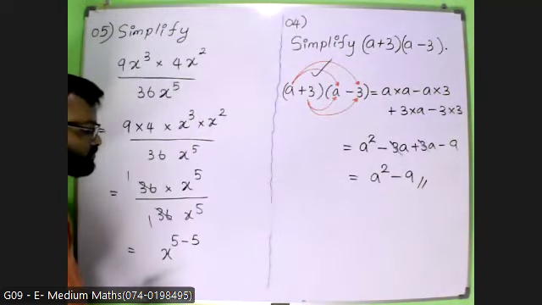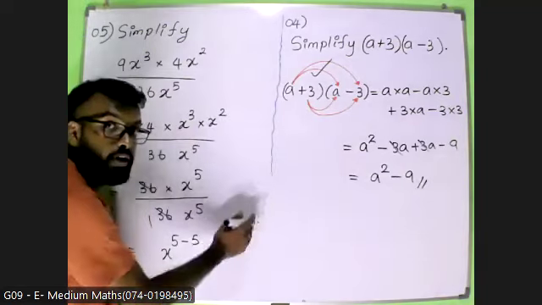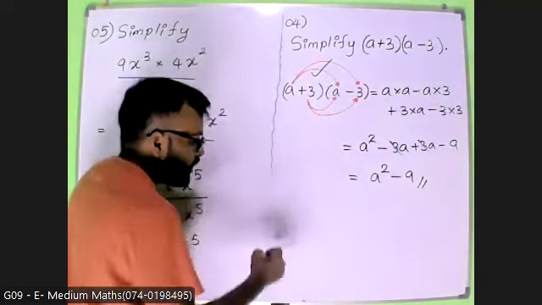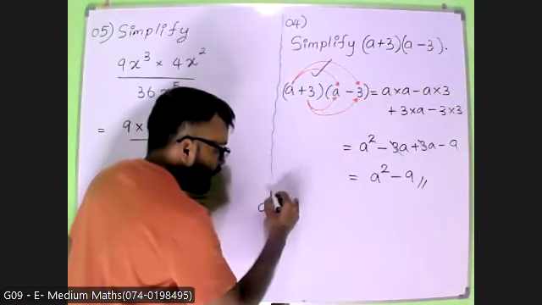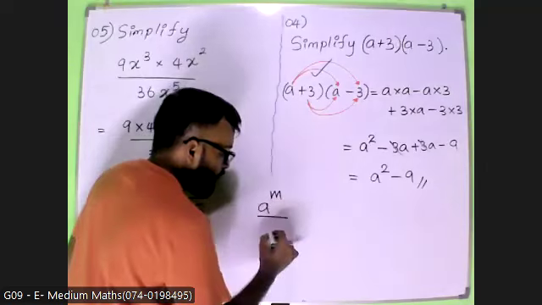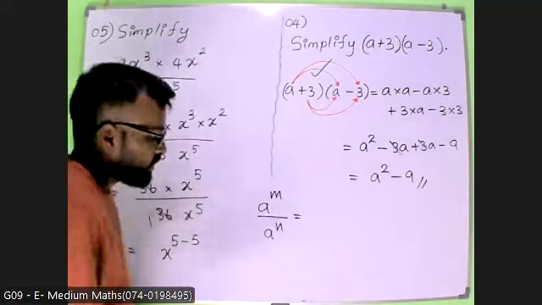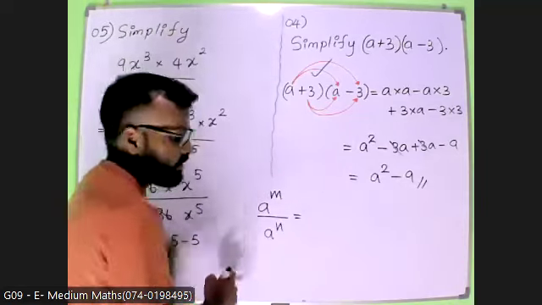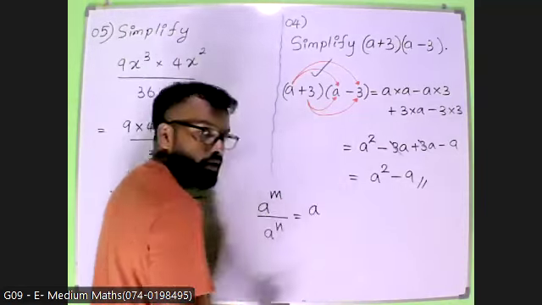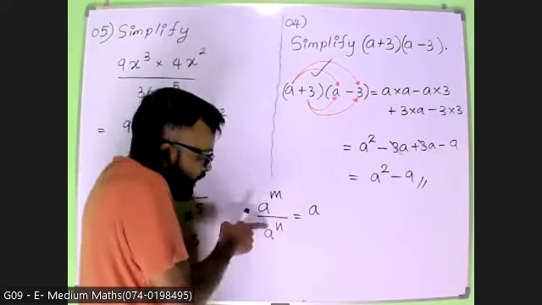If you remember the laws of indices, what is the law? A to the power m divided by a to the power n. How do we write this? Same base, a, m minus n.